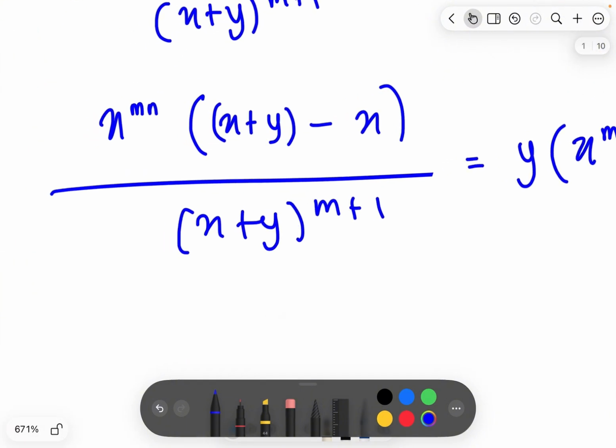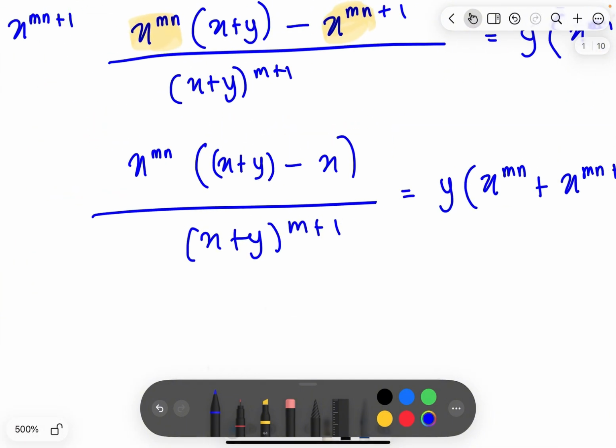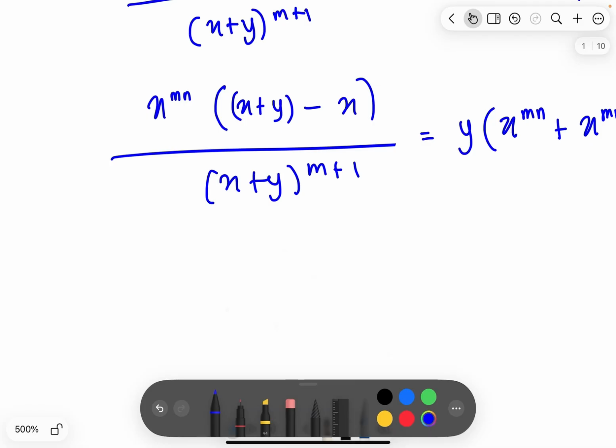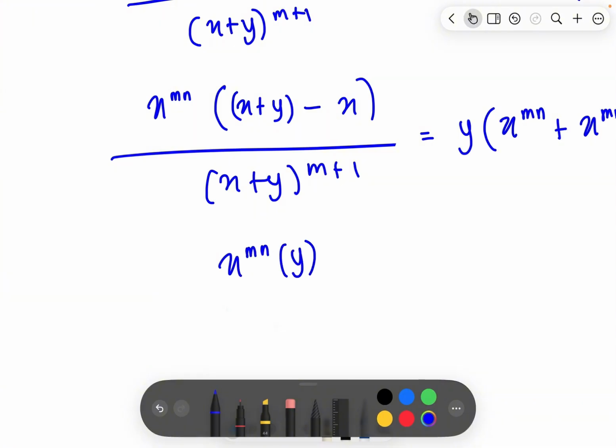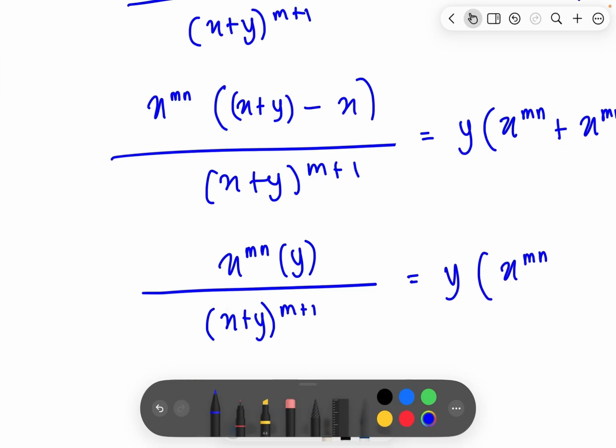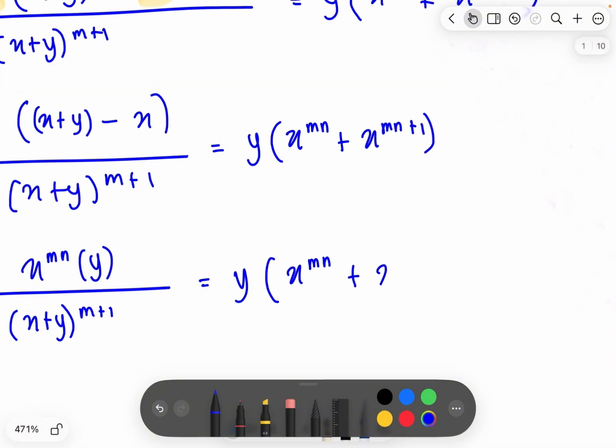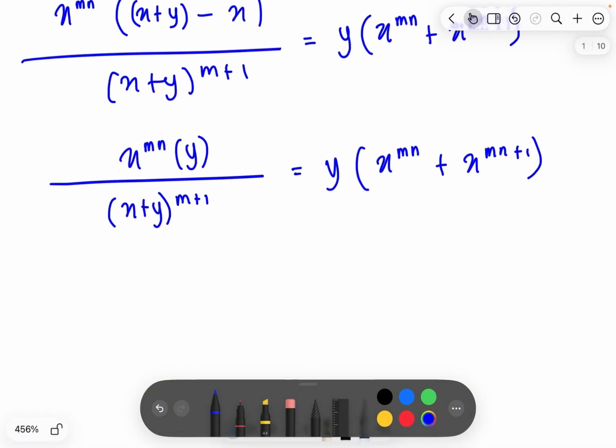Okay, so now x minus x is what? x minus x is equal to y. So we have x^mn bracket y over (x plus y)^(m plus 1) equals y bracket x^mn plus x^(mn plus 1). So can you see now we have two of the same thing.